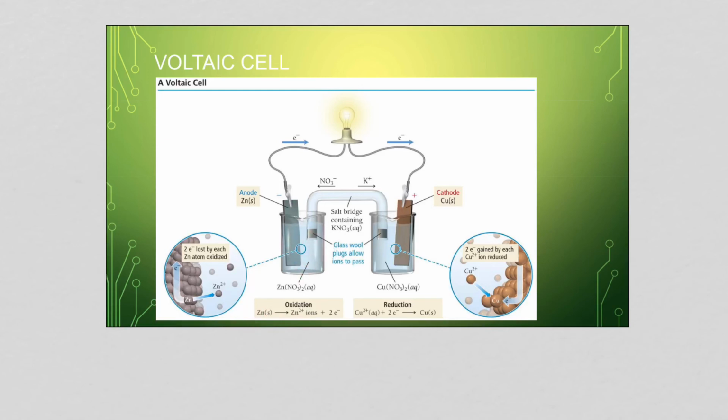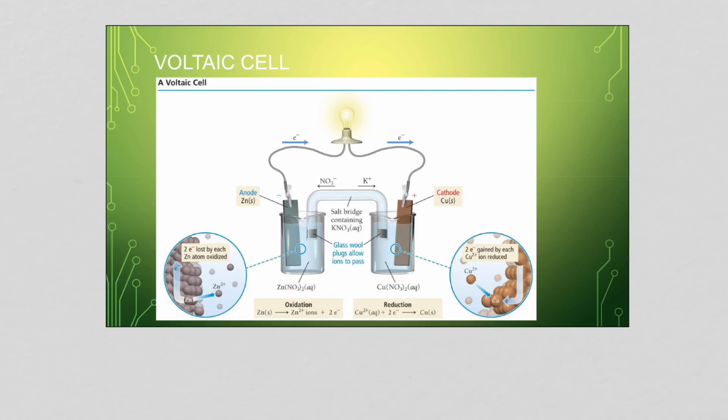For convenience's sake, we often make the electrolyte solution contain the same ions that are going to be produced. Since zinc is oxidized to zinc 2+, we often will just use an electrolyte solution of zinc 2+ ions, for example, a zinc nitrate solution.